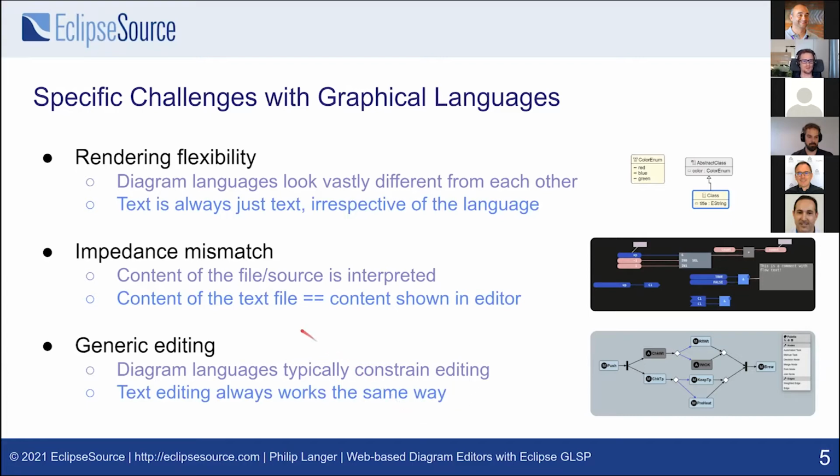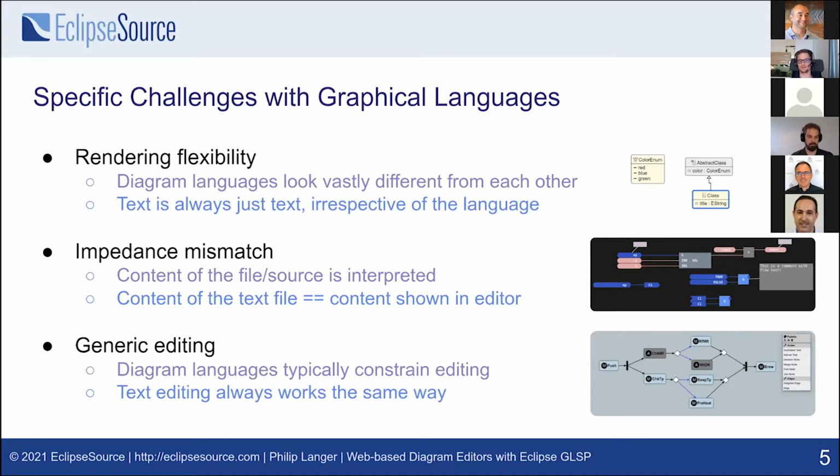The second one, which I think is also pretty important, is what we sometimes call the impedance mismatch between the diagram and what is actually stored in a text file that is the serialization of this diagram, or it can also be a database. With text files, basically what you see in the editor is directly what is stored in the text file, right?